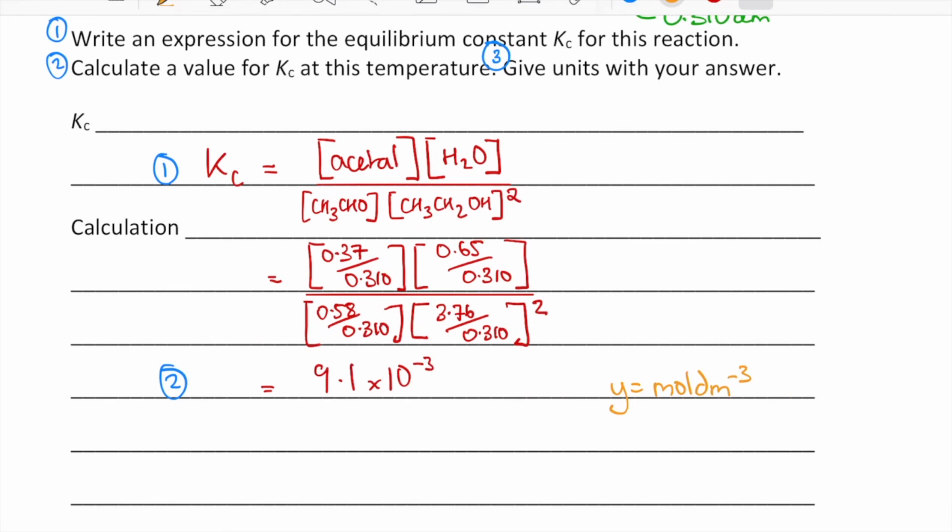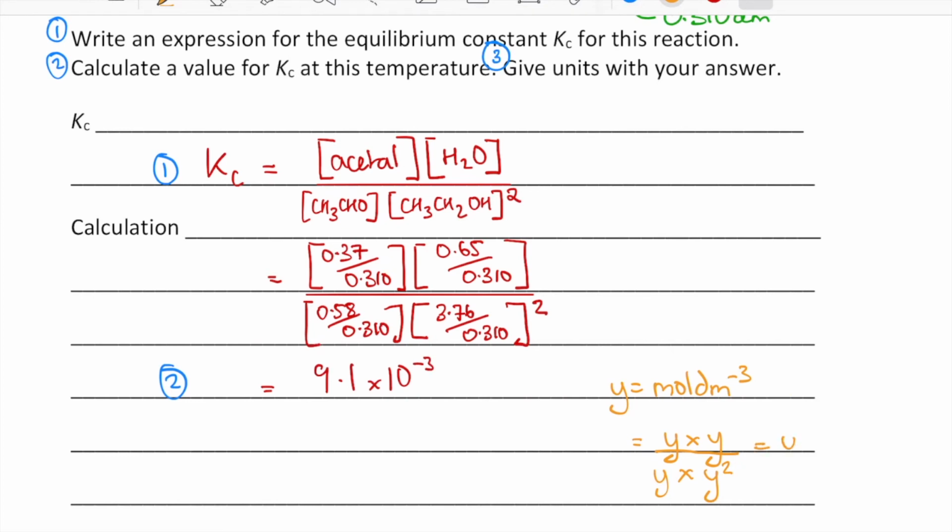So if we're thinking about the units now, acetal has the units of moles per decimeter cubed, and it's to the power of 1, times water, which is also moles per decimeter cubed, and then that is over ethanol, which is moles per decimeter cubed, times the concentration of ethanol squared, so moles per decimeter cubed squared.